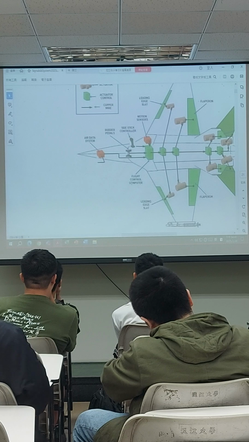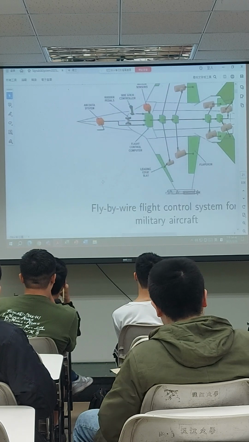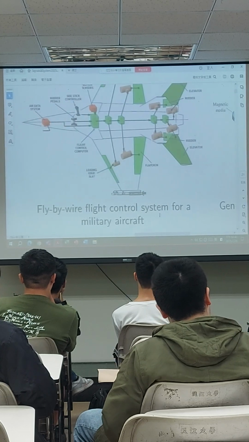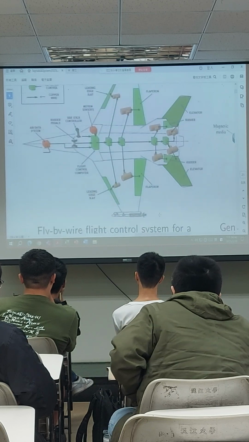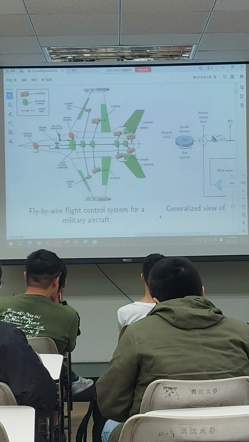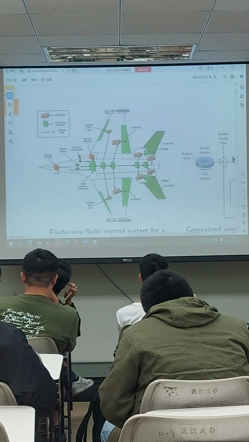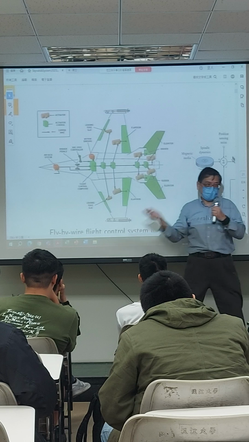And for aerospace engineering, the most important thing we can see in the air, especially in flight, or even in commercial aircraft, is the flight control system. Okay, this is the typical structure, but it's too involved.